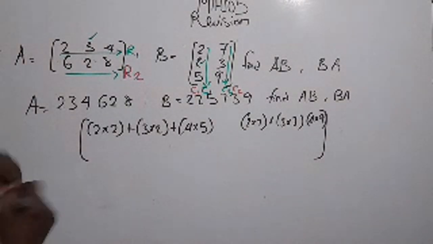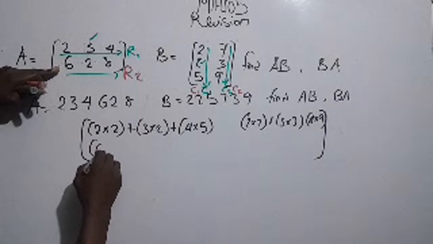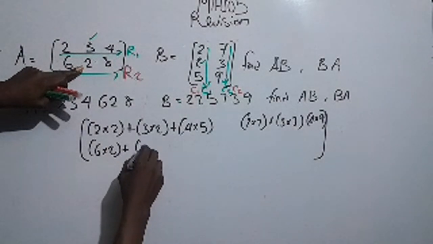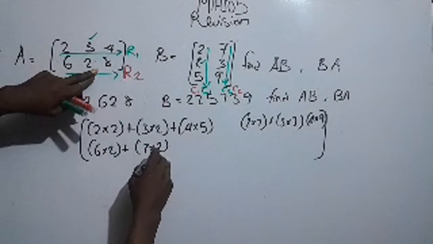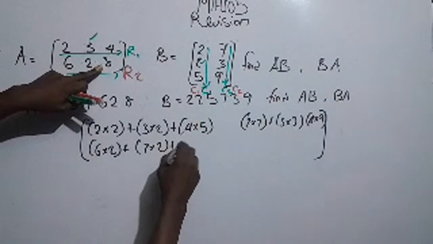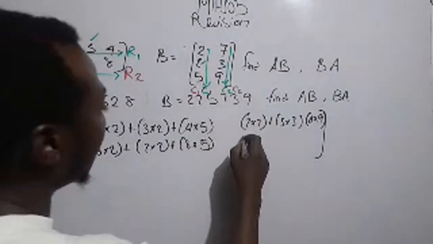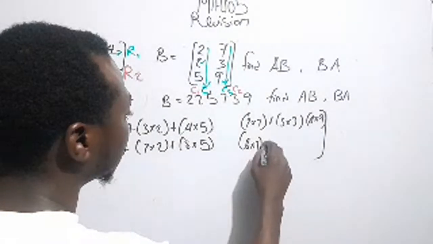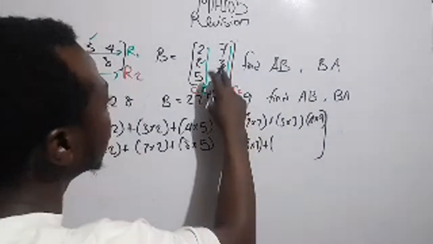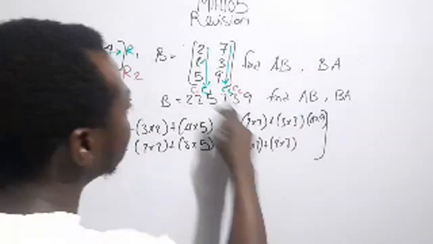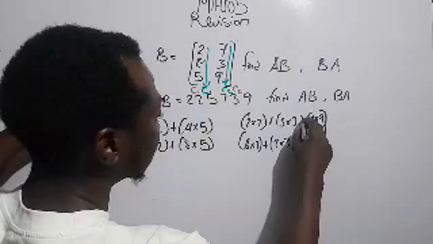This 6 multiply this 2, this 2 multiply this 2, this 8 multiply this 5. Then this same 6 multiply the 7, this same 2 multiply the 3, this same 8 multiply the 9. Don't forget to put your plus.